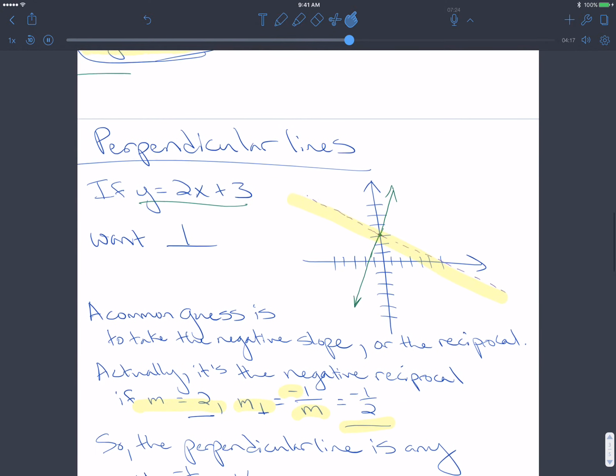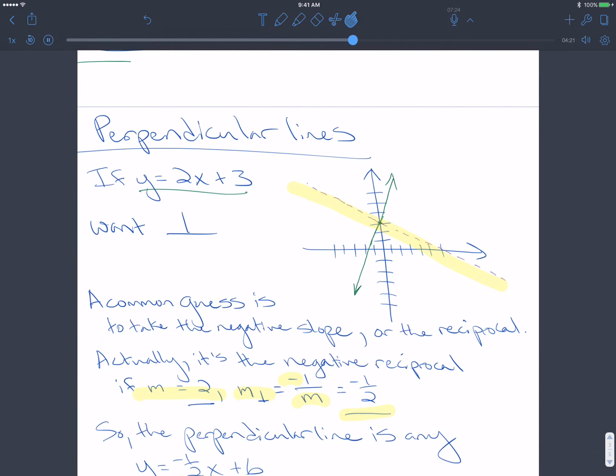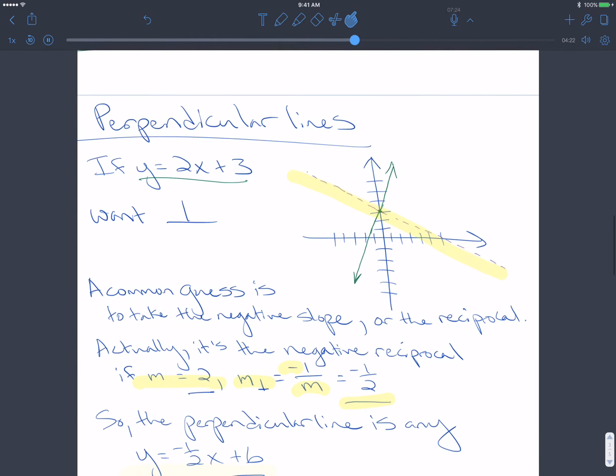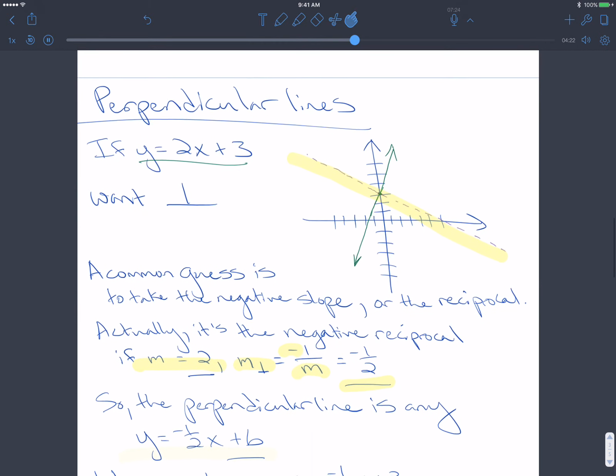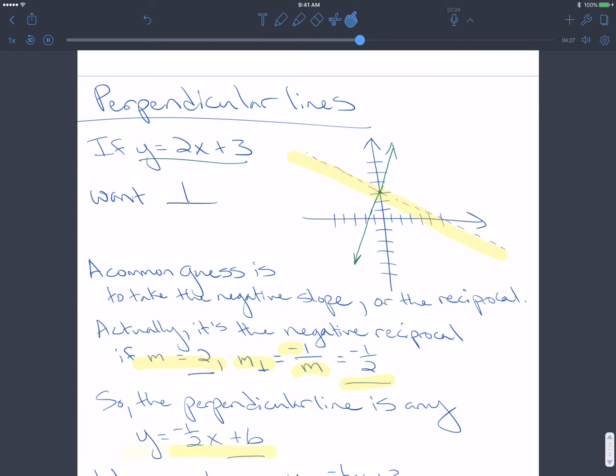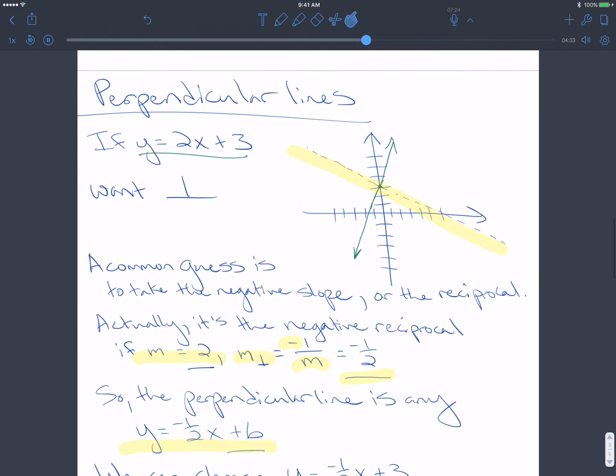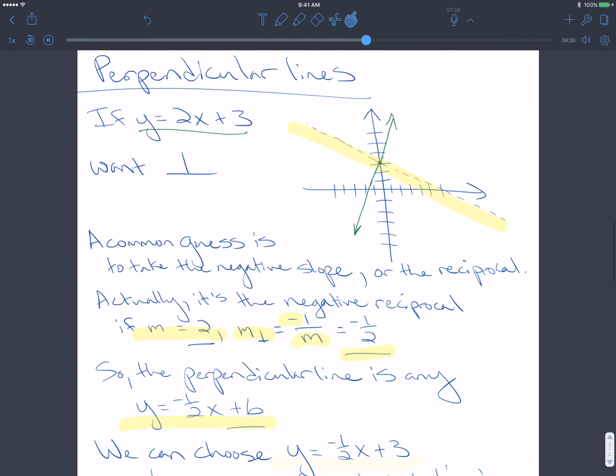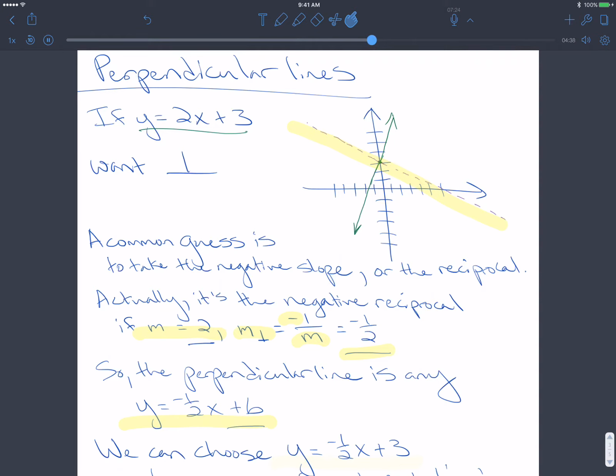Now if we substitute that in the same way we did for the parallel line, we'll have an equation for the line that's perpendicular of the form y equals -1/2 x plus b. From that, you can choose any b and it will be perpendicular. If you imagine taking the highlighted dashed line here and just moving it up and down, it's still going to be perpendicular, because as long as you don't rotate it, it's still perpendicular to the green line in the graph.